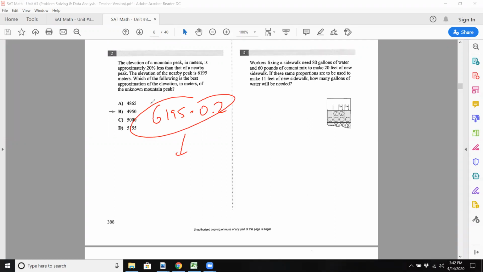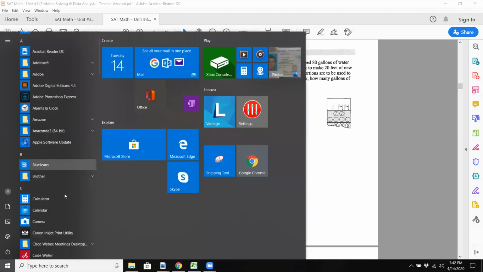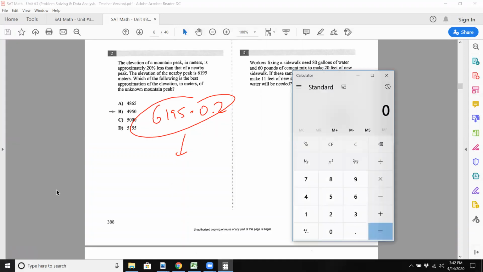And if I just simply use a calculator, yeah, if you don't see the no calculator statement next to the question, feel free to use one. That's 1239. Yeah, so you get 49. So that's close enough, 4950.